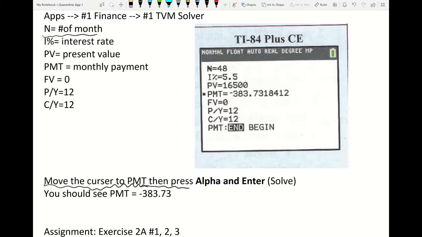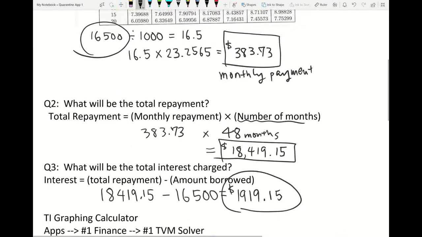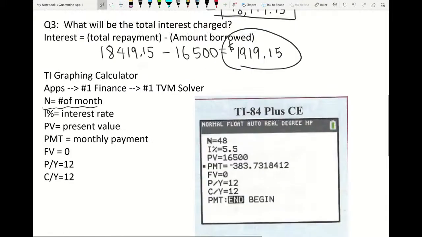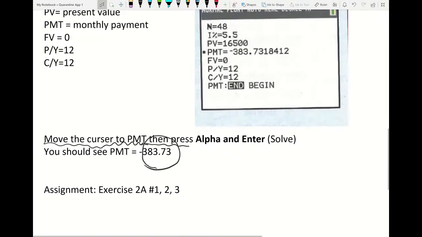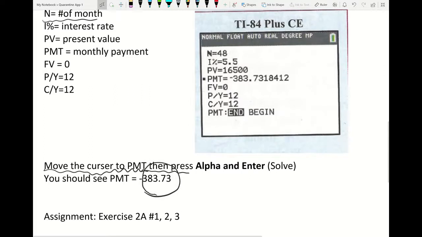So the answer is 383.73. And that's what we had right here, the monthly payment. So I taught you two different ways, and hopefully that made sense to you.